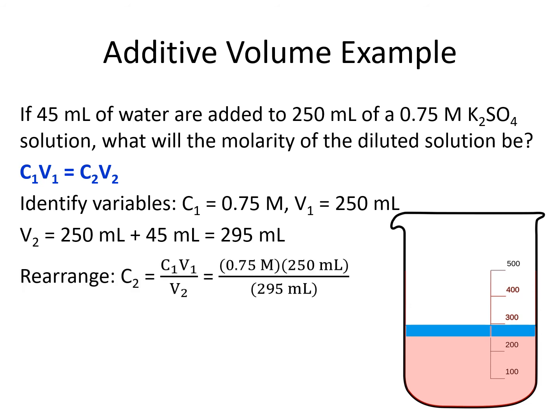So then we're going to solve for the molarity of the diluted solution. So that's going to be C2 that we're solving for. So our equation is C2 equals C1V1 divided by V2. And we can plug in all our variables and solve. So we come out with 0.64 molar as the molarity of the diluted solution.